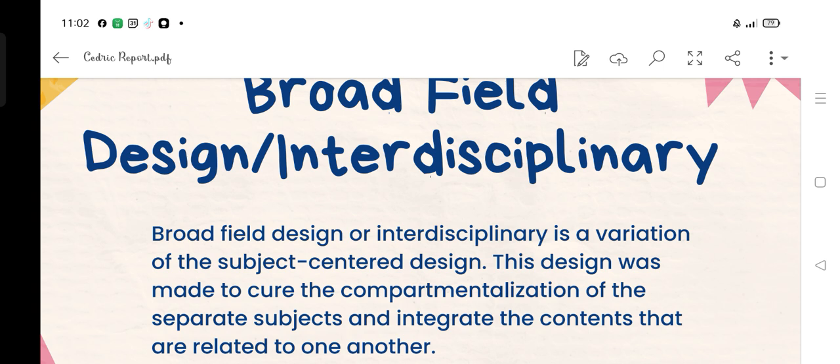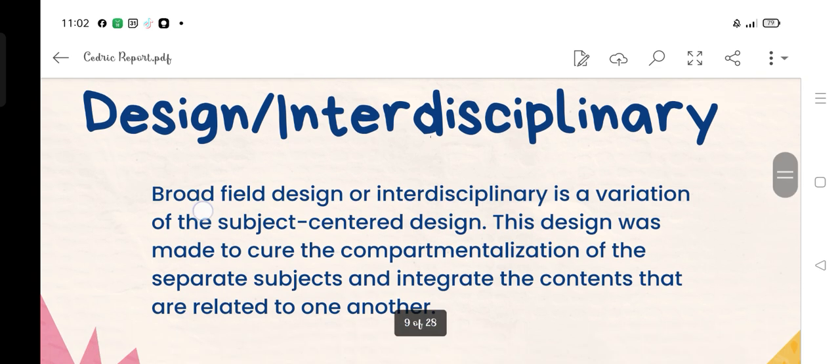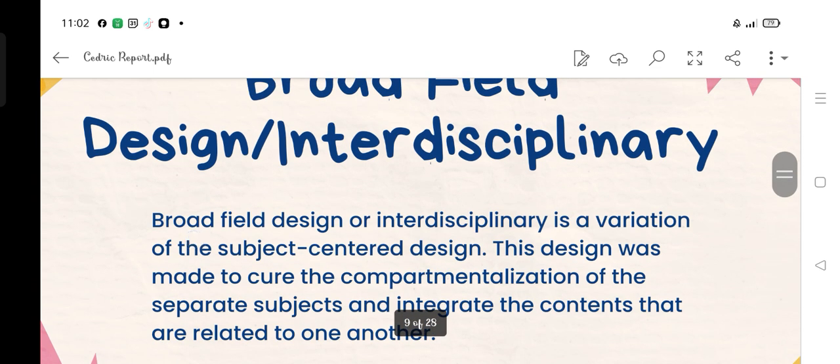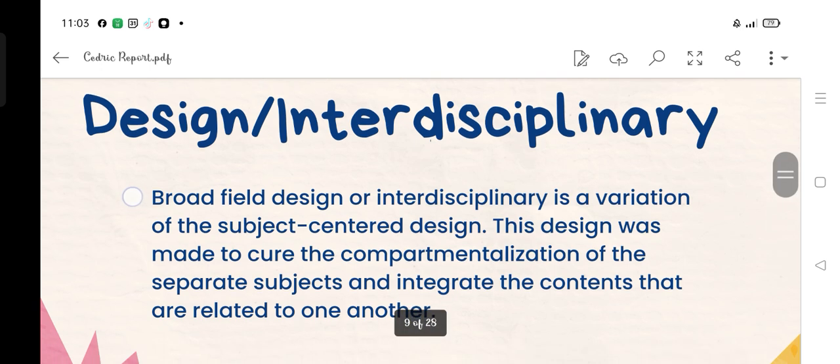Parang andun na lahat. Magkakasama na sila doon, not only because they're interconnected, but because they have relation, and there is significance bakit pinagsama-sama sila. So that is all about this design.